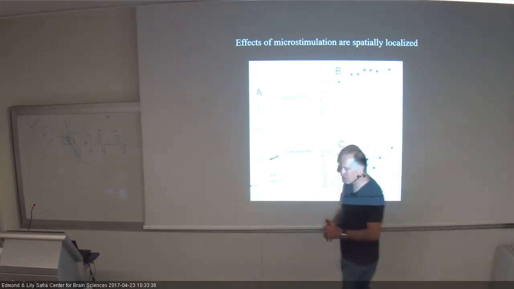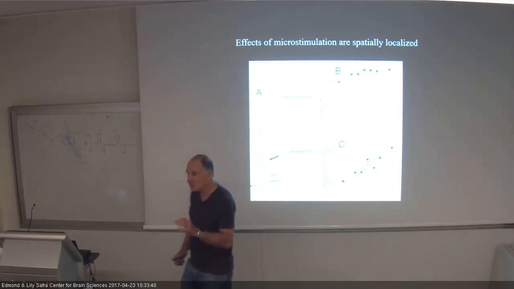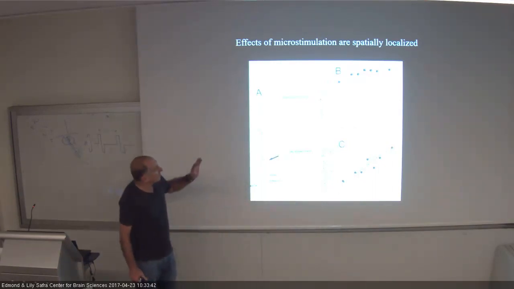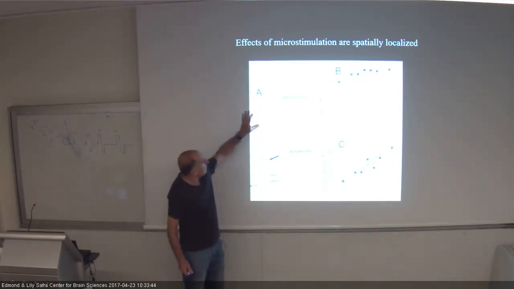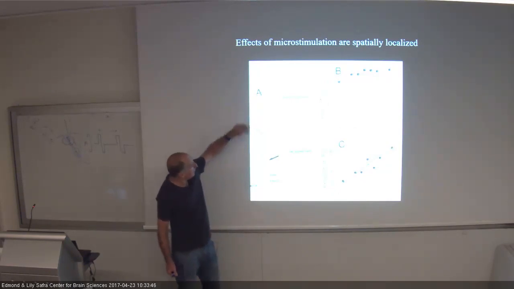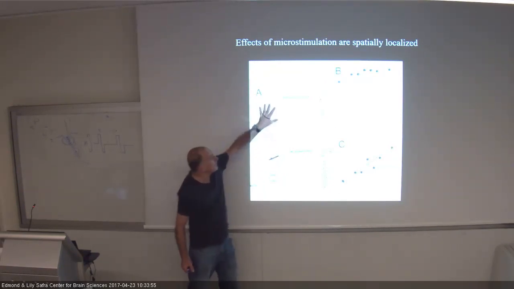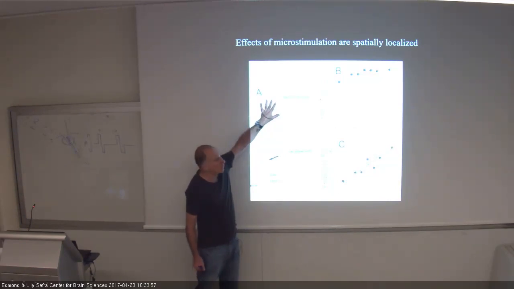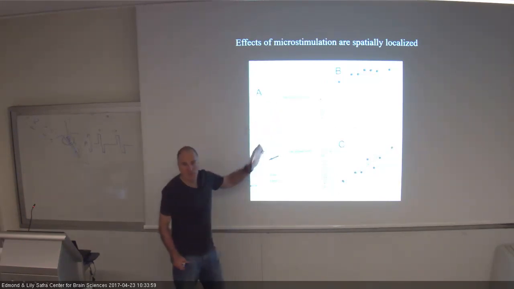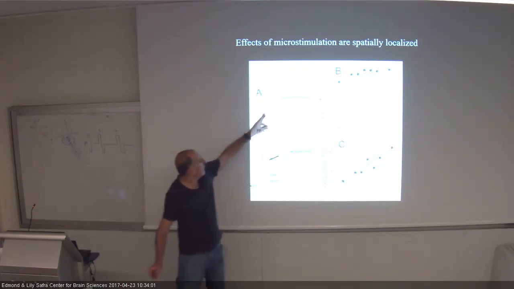But one thing you can look at is whether there's any spatial specificity. The way you can test this is to place the stimulus, here's the fixation point, either at the receptive field of the neurons that you're going to stimulate, or in a remote aperture. What do I mean by a remote aperture?